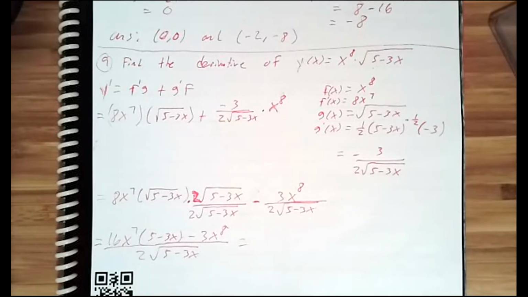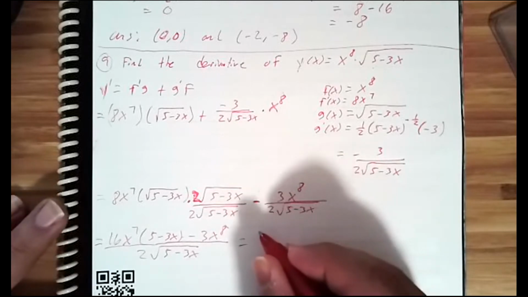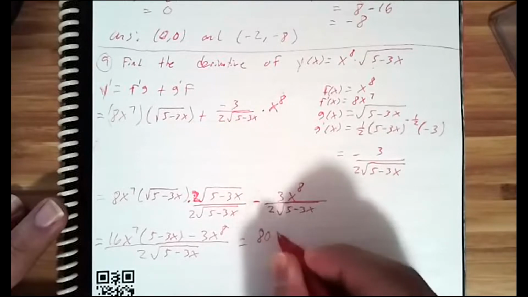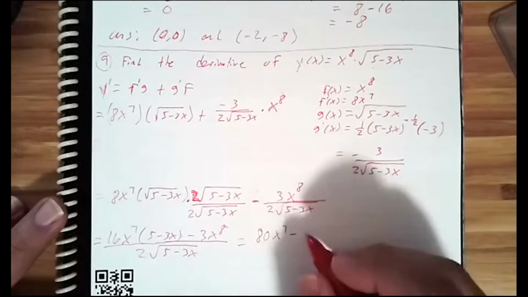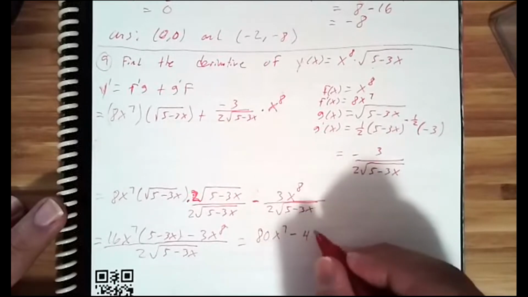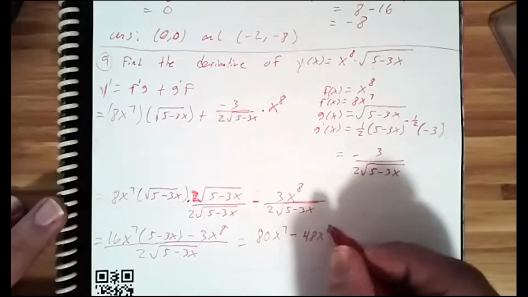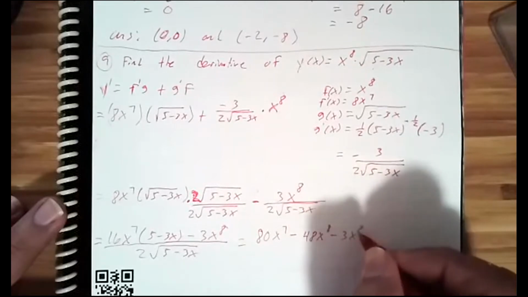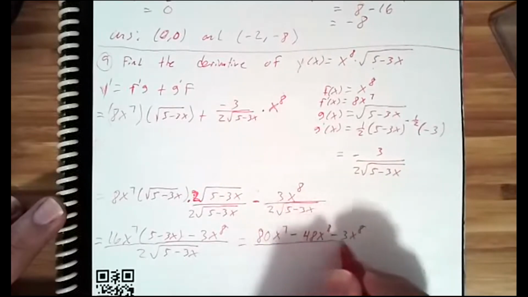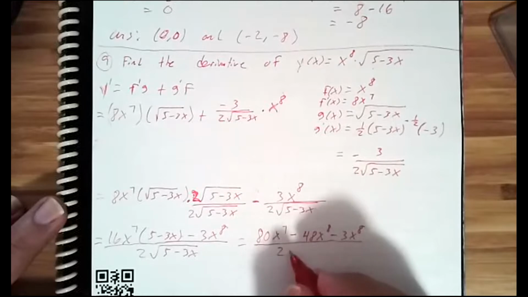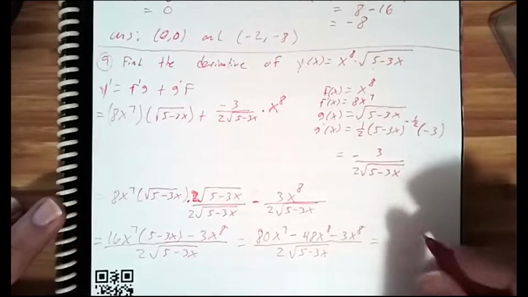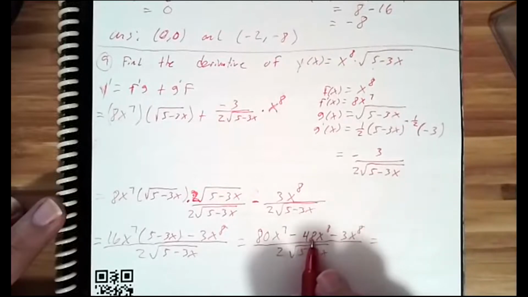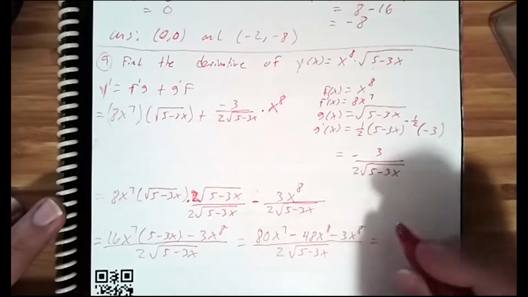Double check, yeah, it's 80, right? 80x to the 7th minus 3 times 16, that will be 48x to the 8th, minus 3x to the 8th, over 2 square root 5 minus 3x. These combine into negative, what, 51, right?